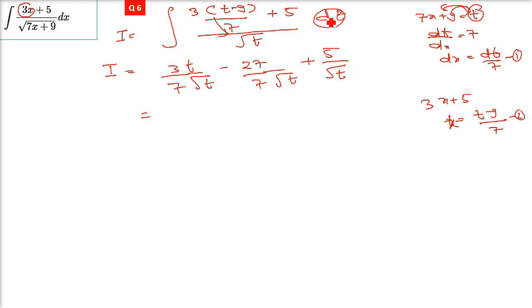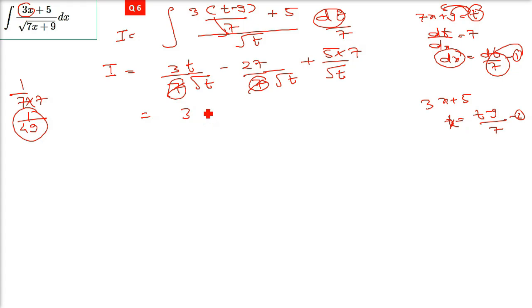So dx was dt by 7, so 7 was already there in the denominator. I am suggesting you to take 7 from the denominator again. So once we take this 1 by 7 and 1 by 7, this will make 1 by 49. 7 sevens are 49. Okay, we are keeping it in a bag. We'll pull it out whenever we want.